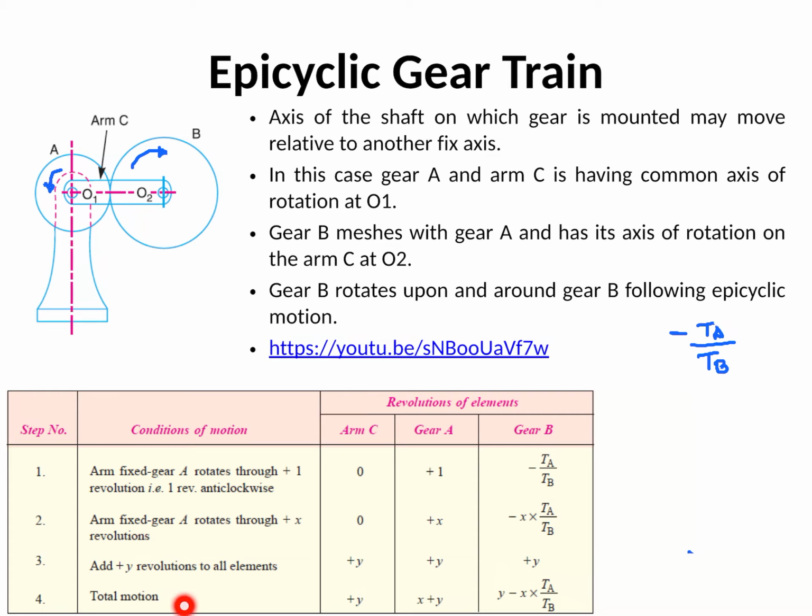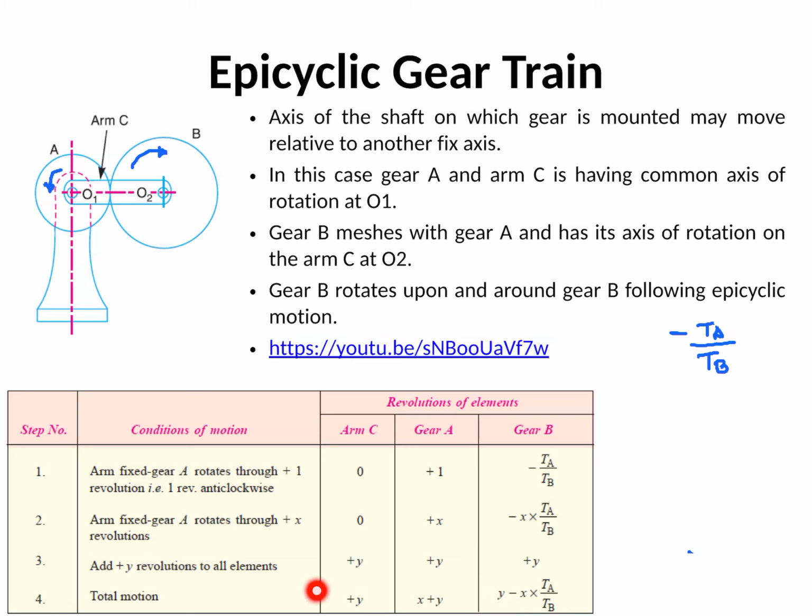So the total motion, adding the plus y revolution into the second row, is: 0 plus y, that is plus y; plus x plus y, that is x plus y; and plus y minus x into Ta by Tb, that is y minus x into Ta by Tb.